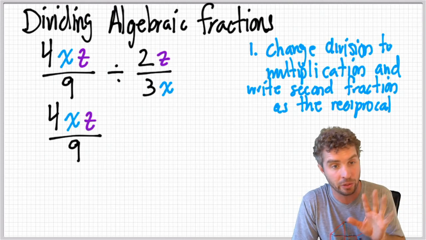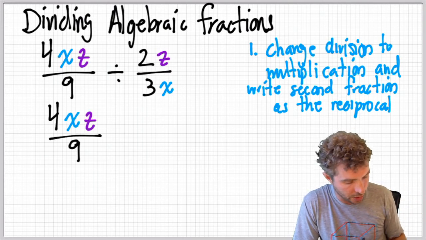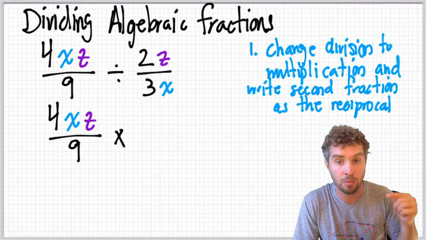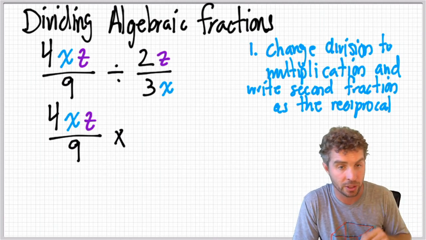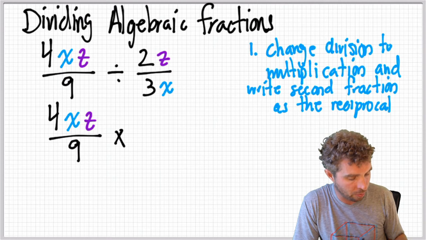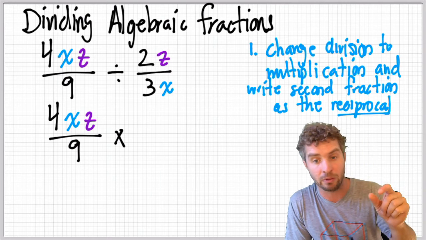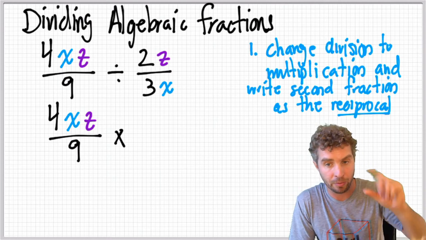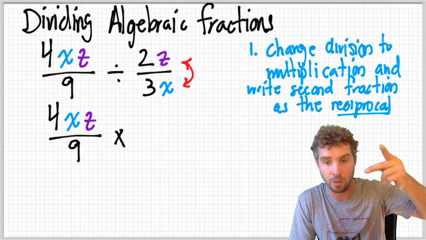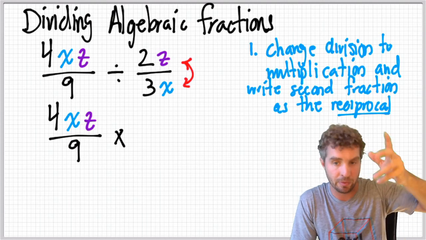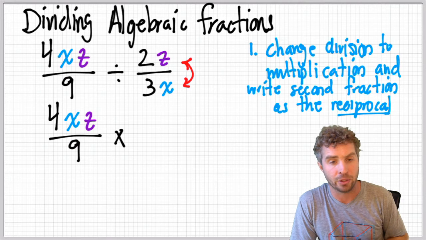We're not going to change it at all in this first step. We're changing the division to multiplication as suggested in the rule. And then we are writing the second fraction as the reciprocal, which means we flip the numerator and denominator. We swap them. We flip the fraction over.